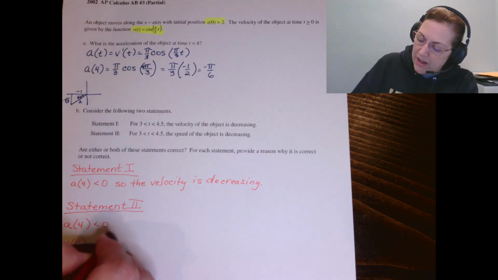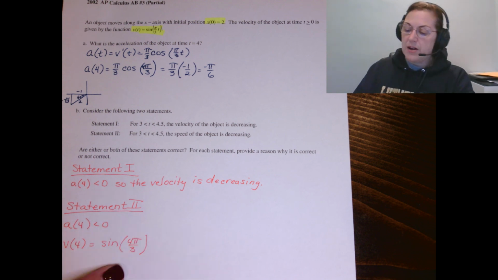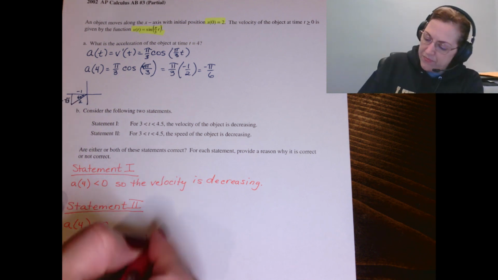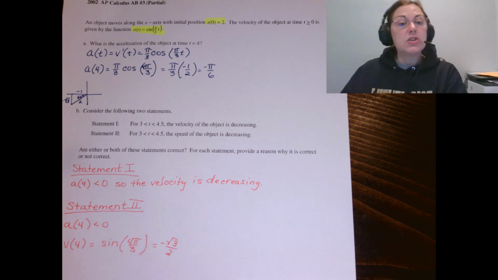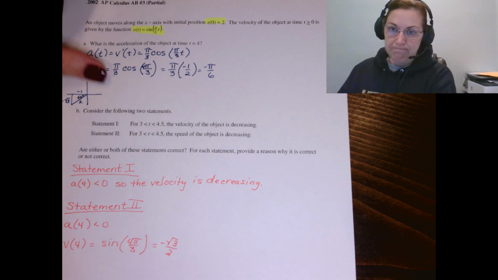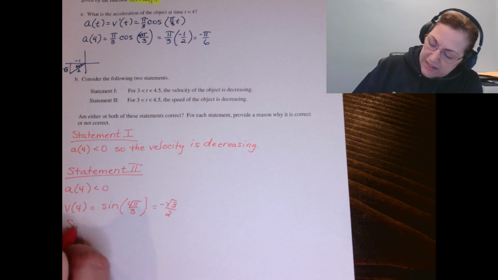So that would be the sine of 4 pi over 3. Now remember, I've already got my triangle for 4 pi over 3 drawn over here. The sine is negative square root of 3 over 2. So I know that it's negative. So I know that the acceleration and the velocity are both negative. That means speed is increasing. So let's say that in a sentence.